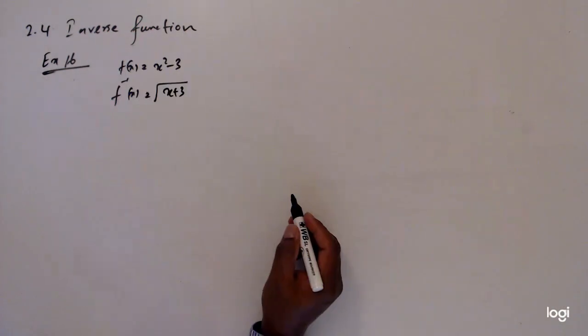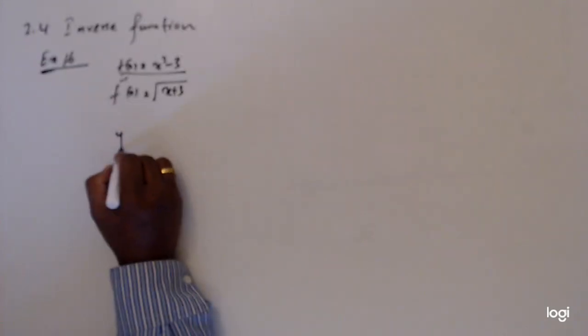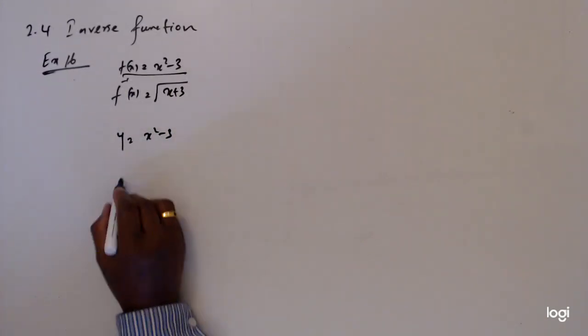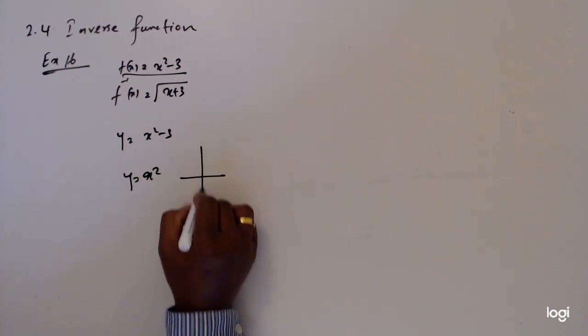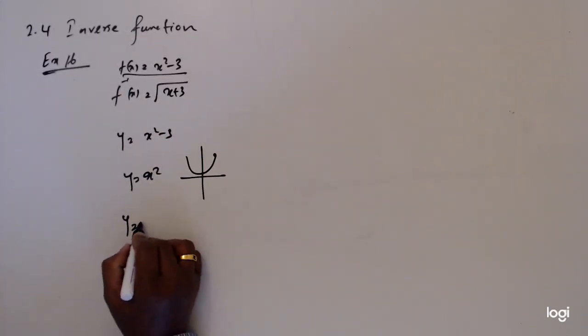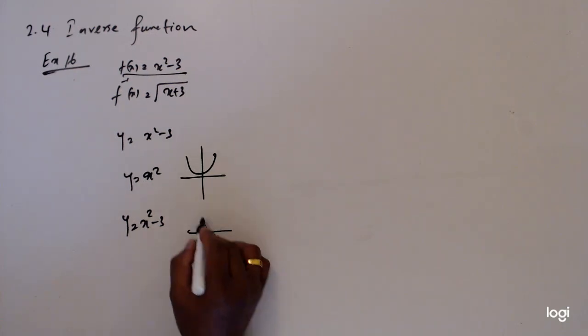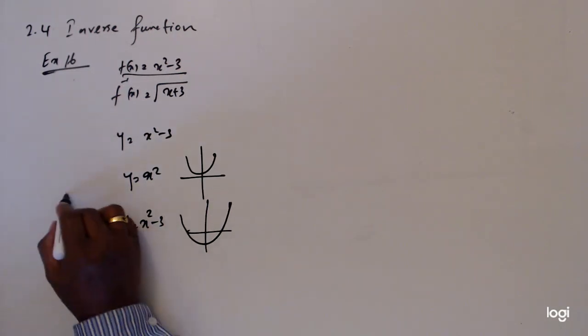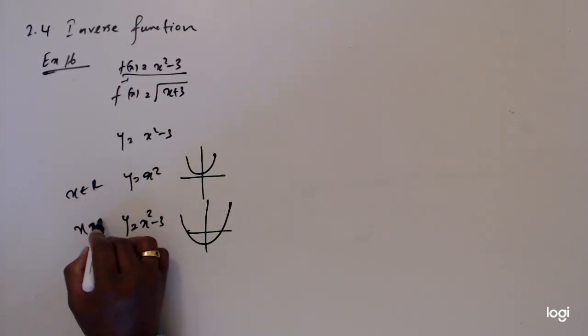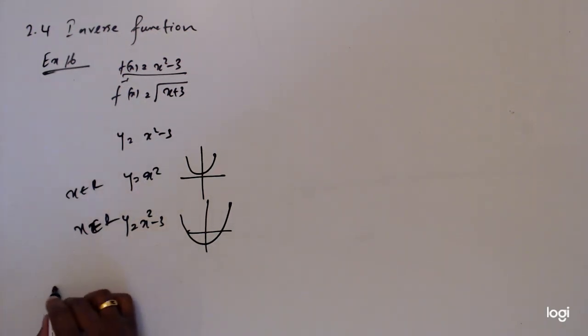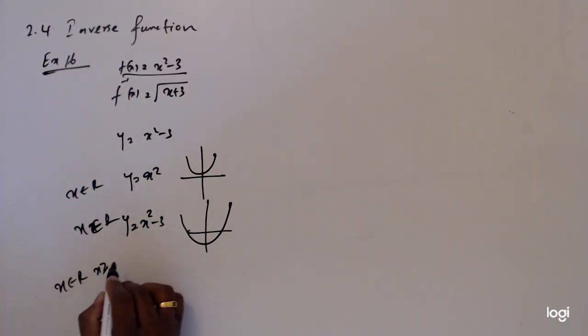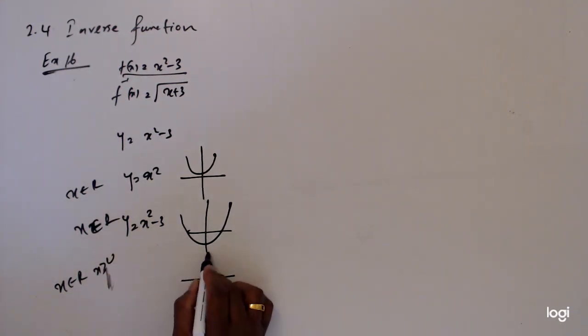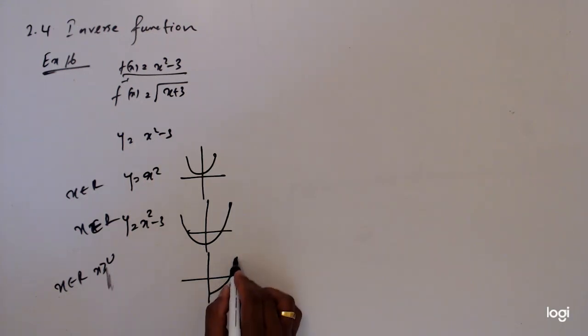We will sketch now. This is y equal x square minus 3. You know the y equal x square graph, something like that. Then y equal x square minus 3 means you have to bring the graph down like this. Then x is an element of real numbers, and x greater than or equal to 0. In that case, it's going to be the positive x values.